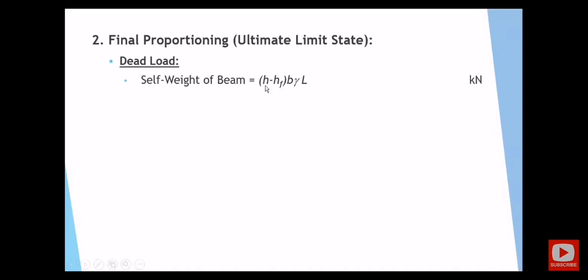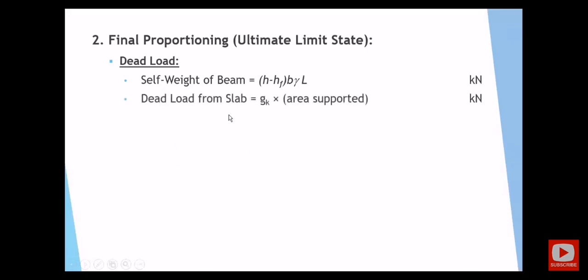Okay, so H is the total height of the beam minus H of the flange, multiplied by the B web multiplied by gamma. This part here will give you per meter. If you want to get it for the total length of the beam, multiply by the length, and it will give you kilonewton. Okay, this will be the self weight of the beam.